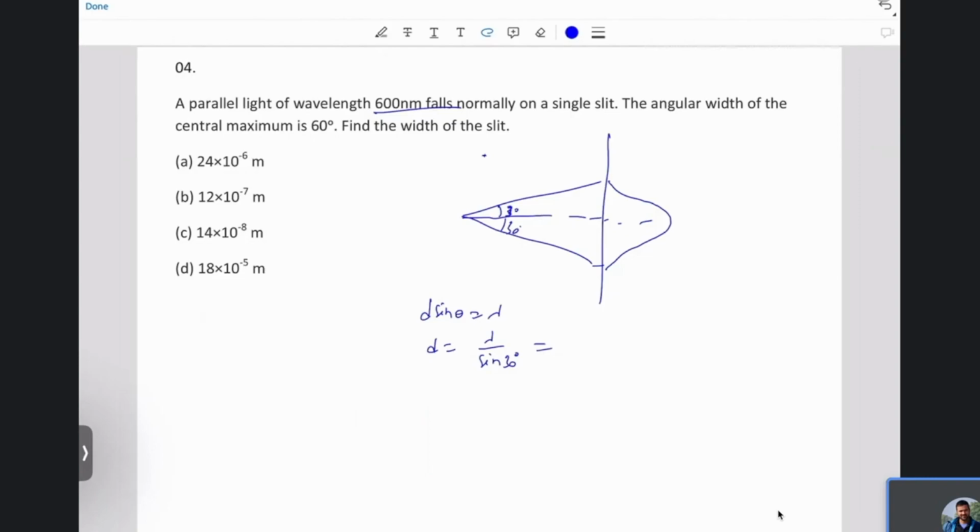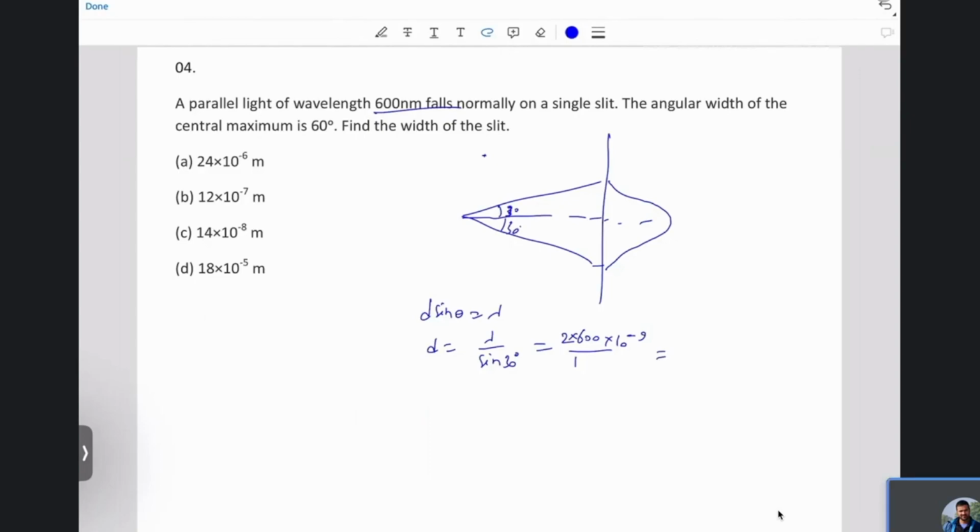So lambda is given, 600 nanometer. And sine theta is 1 by 2, so 2 will be multiplied above, and nanometer is 10 to the power minus 9.